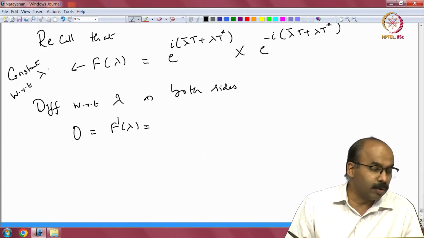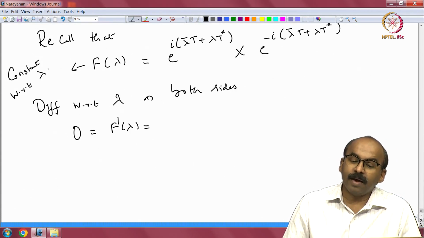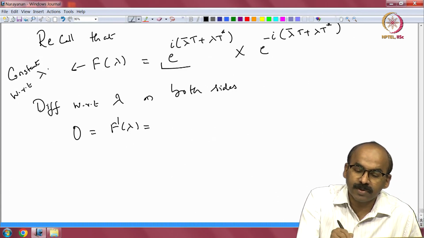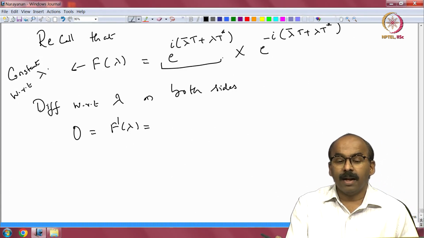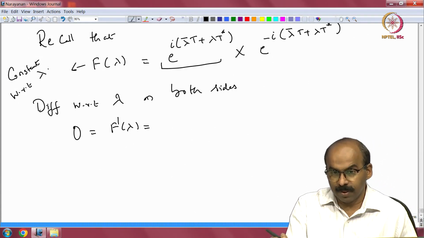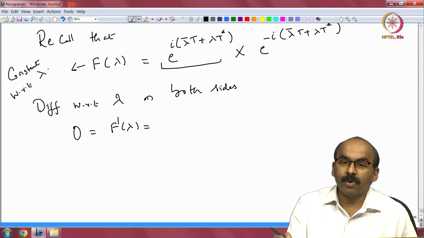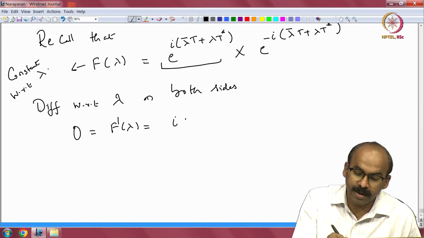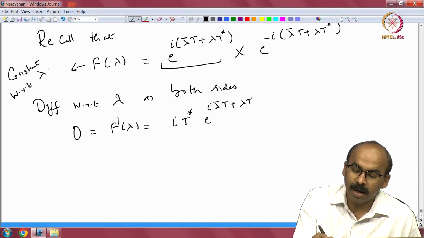This is equal to, well, I have to differentiate. So, this is a product rule, I have the exponential of something, and the lambda comes with t star. So, if I differentiate that, I am going to get t star. So, I will get i t star e to the i (lambda bar t plus lambda t star).